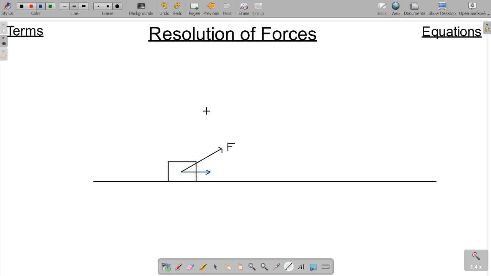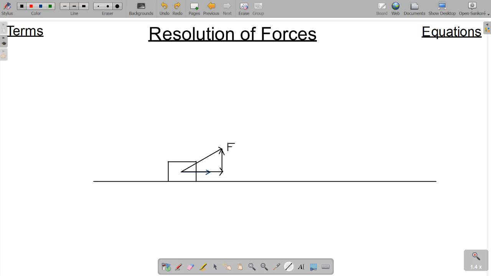So if you want to find the acceleration or the work done or whatever, how do you do it? The answer is to resolve this force. This is the direction that the object is actually moving, right? So the acceleration or work done is all in this direction.